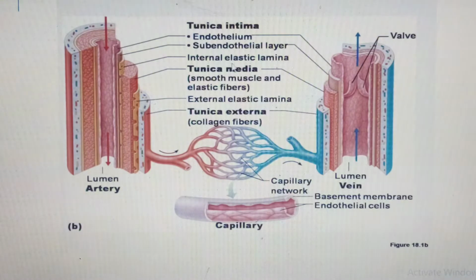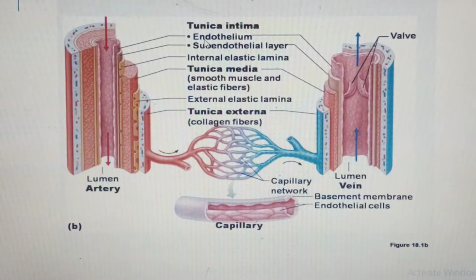Now remember that I told you that generally for mucosa, and for that matter tunica intima or tunica interna, you're supposed to have 2 components. But I told you that for the GIT, for instance the post-pharyngeal gut, there was what we call the muscularis mucosae. So the muscularis mucosae could be likened to this internal elastic lamina or lamella.